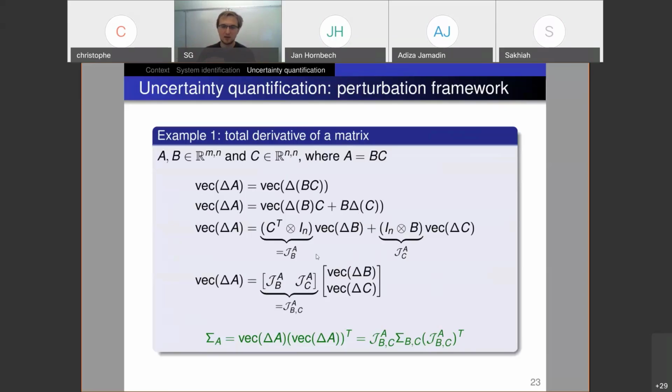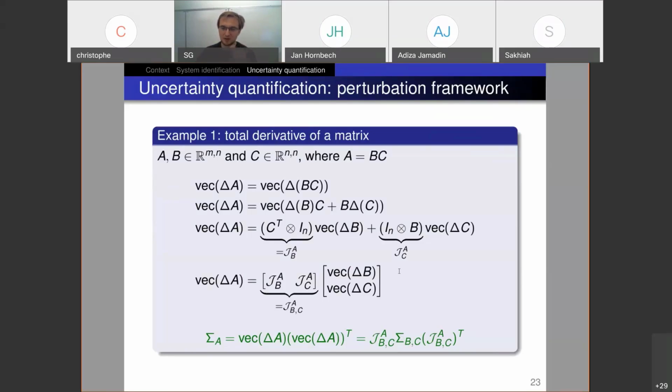Then we can define, from the two sensitivity matrices, J_AB and J_AC, a global matrix, which is the sensitivity of our matrix A with respect to B and C like this. The covariance of A is defined as the product of deltas and is linked directly to the covariance of B and C, which, for example, are our output covariance sequences, and the sensitivity matrix.